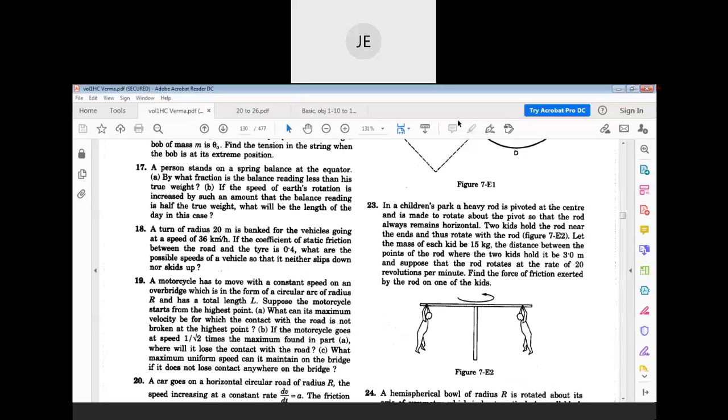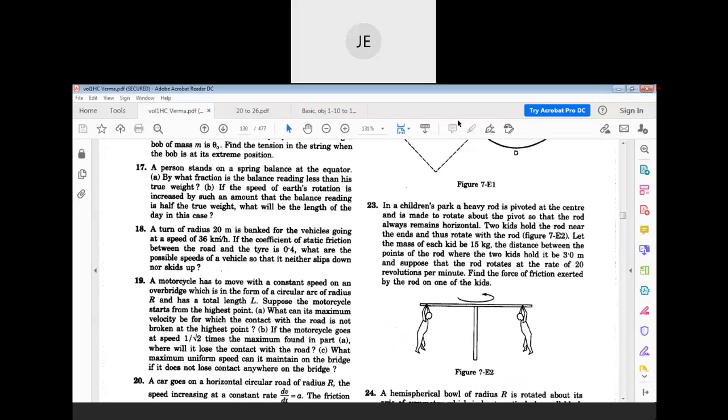In a children's park, a heavy rod is pivoted at the center and is made to rotate about the pivot so that the rod always remains horizontal. Two kids hold the rod near the ends and thus rotate with the rod.